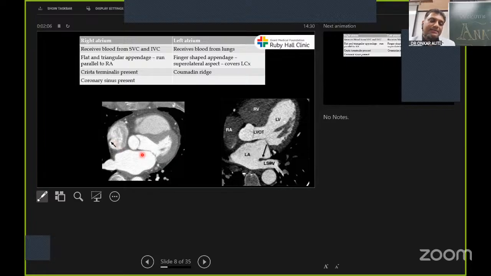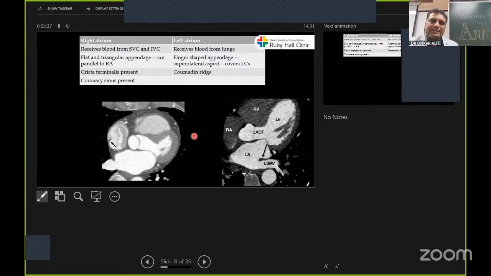This is very important to know because sometimes on echocardiography you will wonder whether this is a mass lesion, a thrombus, or a normal structure. The crista terminalis is not present in all individuals, right? It is an anatomical variant which runs posteriorly. So if you see any mass or thrombus-like lesion in this part, it is the crista terminalis.